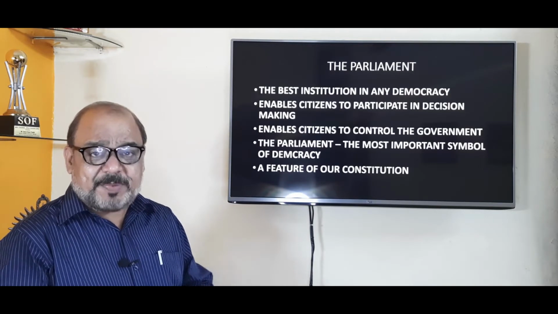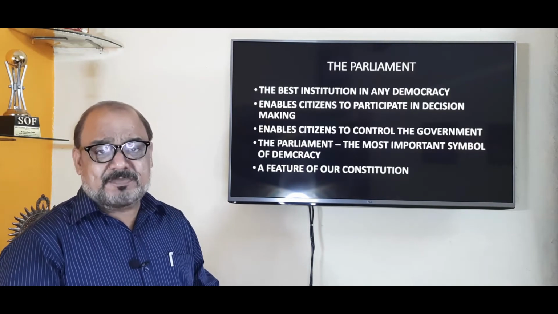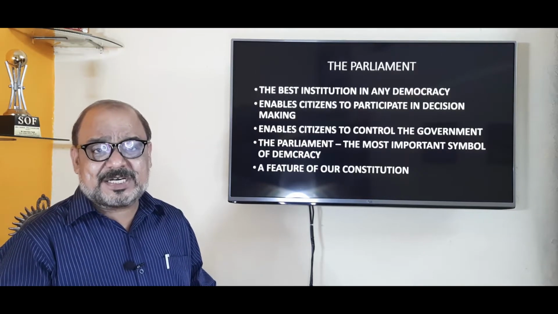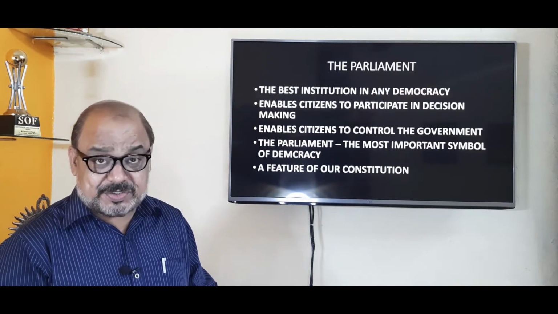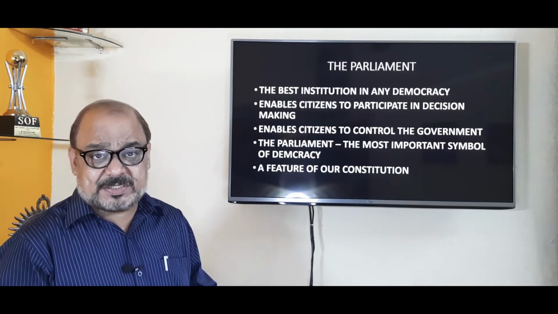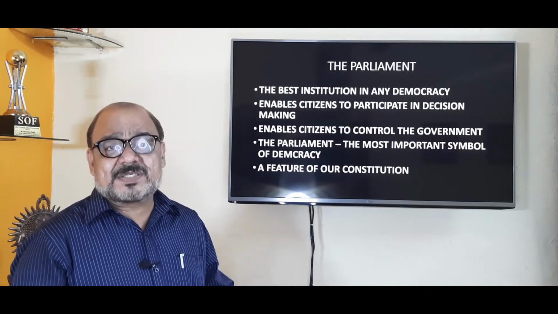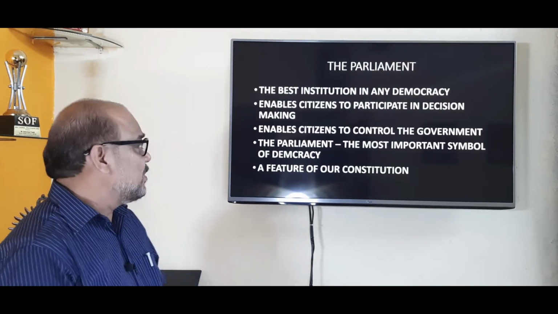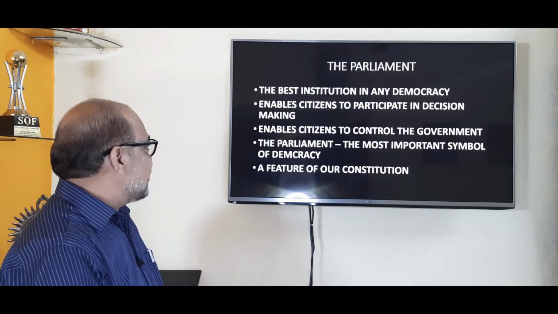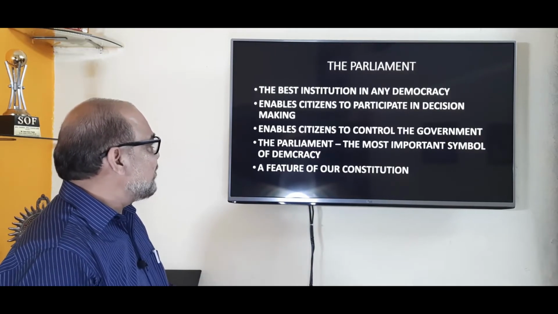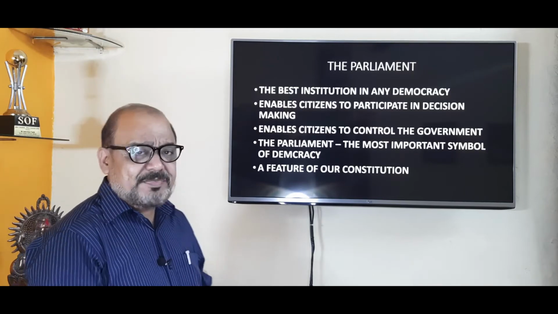So, the parliament consists of the members elected directly or indirectly by the citizens, when citizens exercise their right to vote or universal adult franchise. The second point is the parliament enables citizens to participate in decision making.